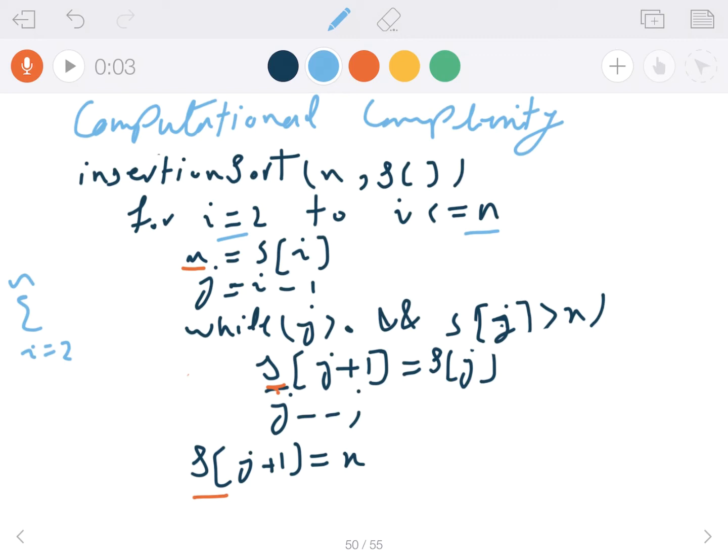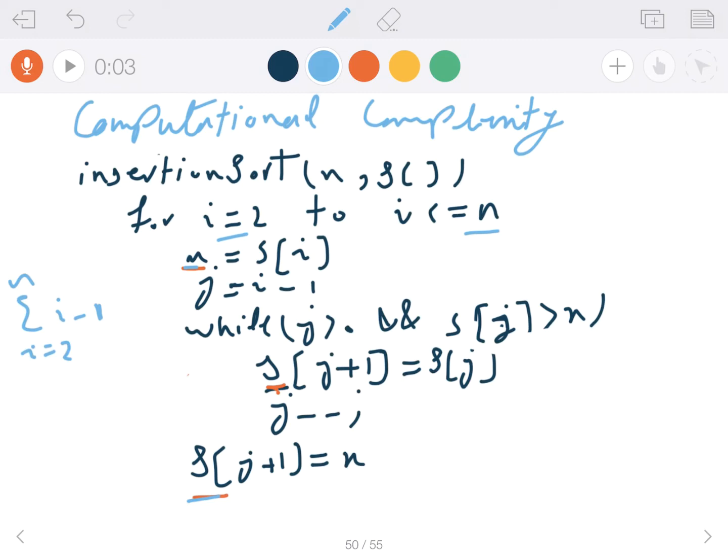So the worst case, as we said, is that all s of j are going to be greater than or equal to x. So the number is going to be i minus 1 for this one. And for every i we also have this assignment here and this assignment here. So for every i we have two more assignments, as i goes from 2 to n.